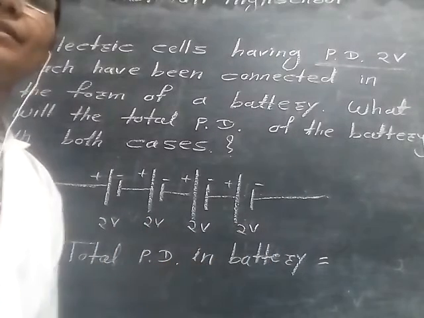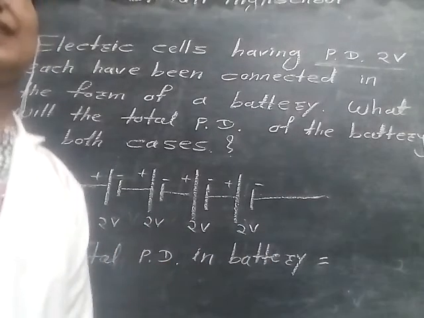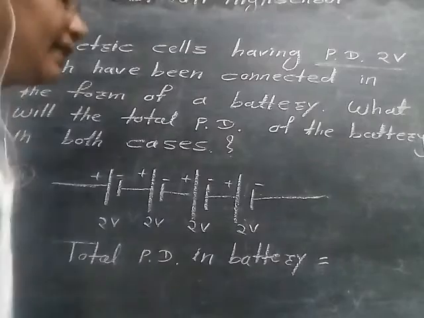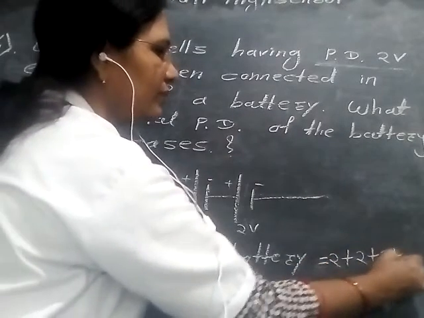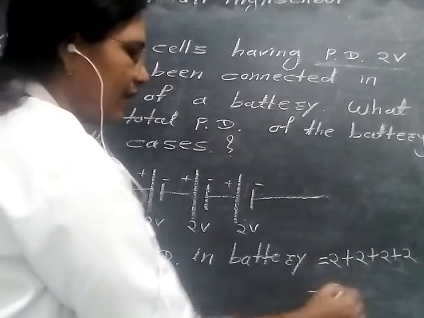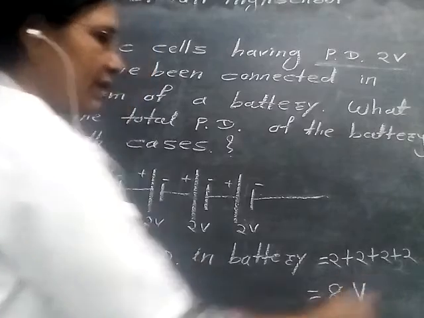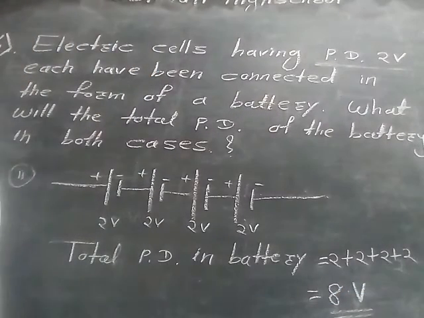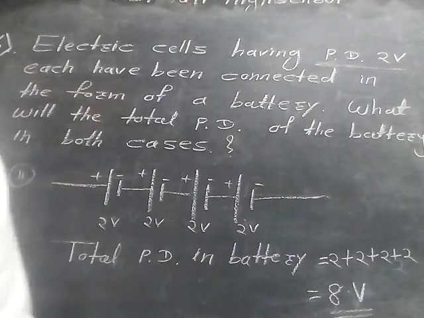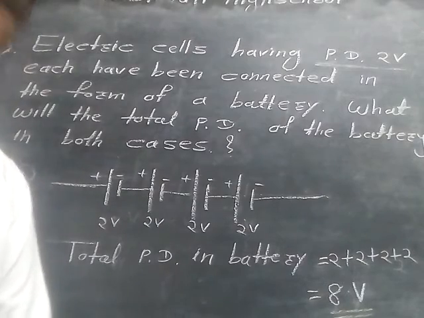So what is the answer? Yes, it is 8 volt, that is 2 plus 2 plus 2 plus 2 equal to 8 volt. In this manner, you can write the answer of this question number 4.